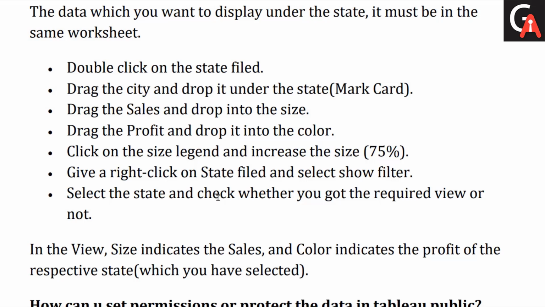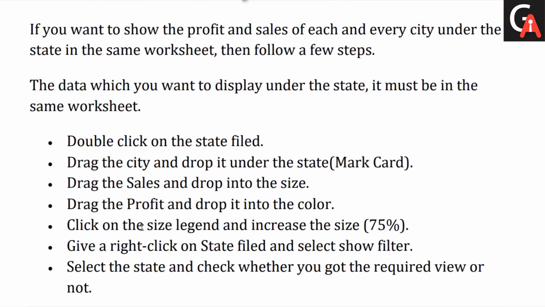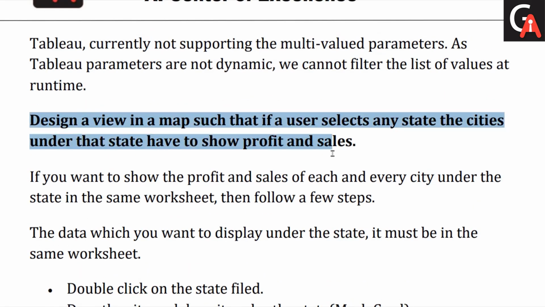Select a state and check whether you got the required view or not. In the view, size indicates the sales and color indicates the profit of the respective state which we have selected, and that's how we can solve this question.